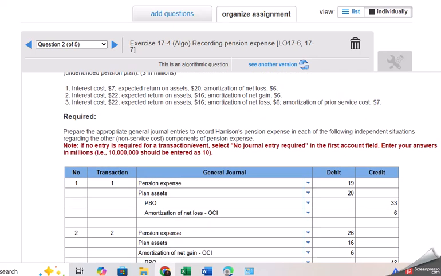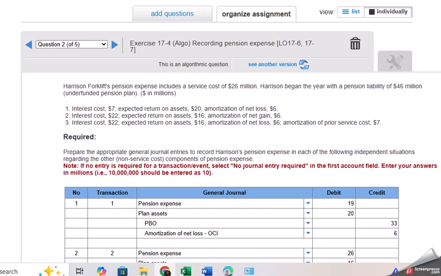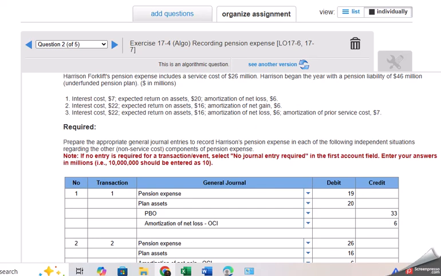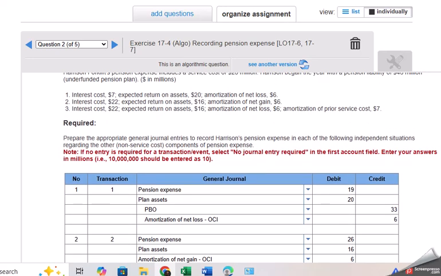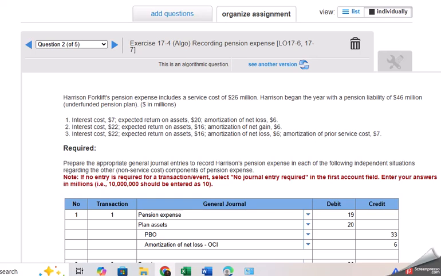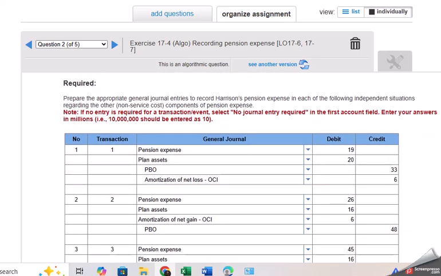Those two added together are the 33 million. And then we're amortizing that net loss, and that amortization is a credit into our other comprehensive income. So when you're doing the journal entry, that pension expense could just be your plug number. But you could also have calculated it, like as I was listing what increases it and what decreases it, because it's good to know that as well.